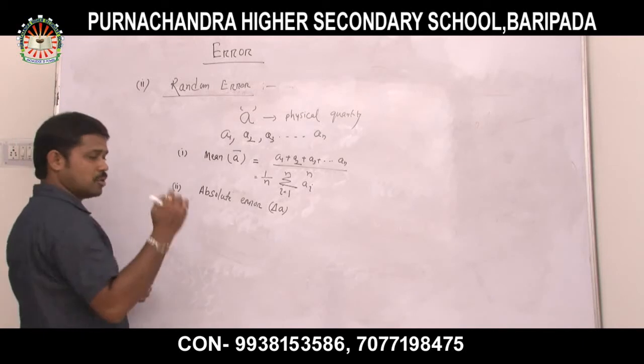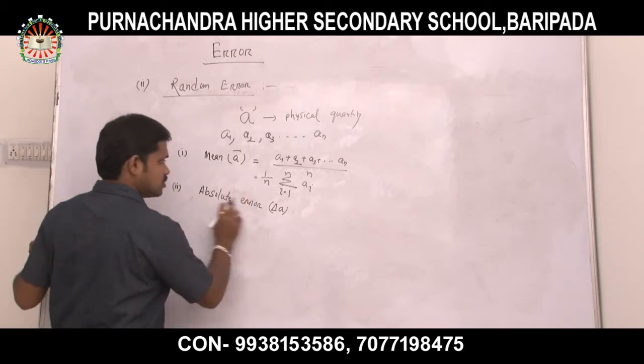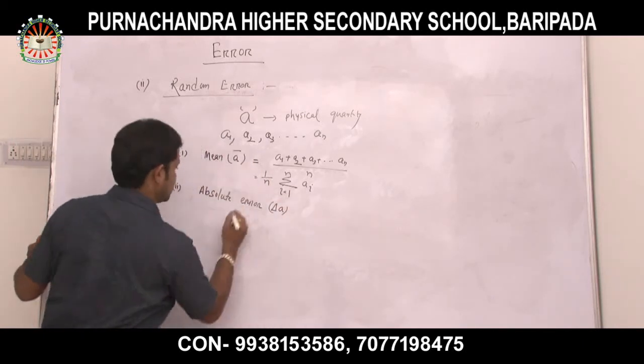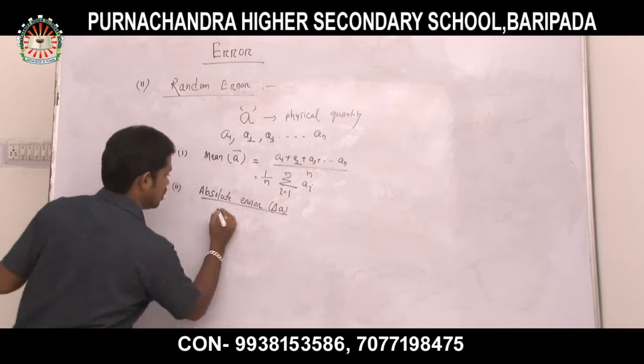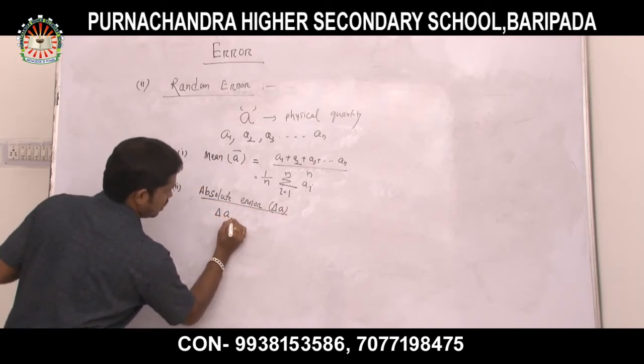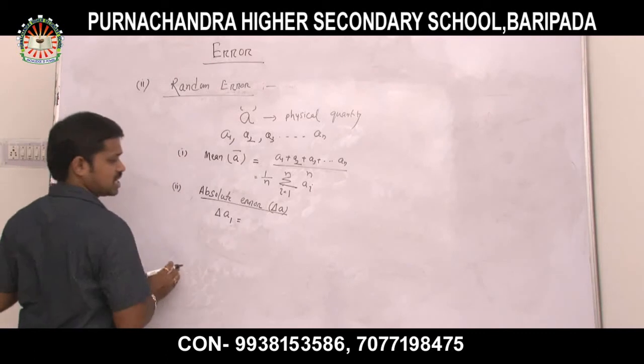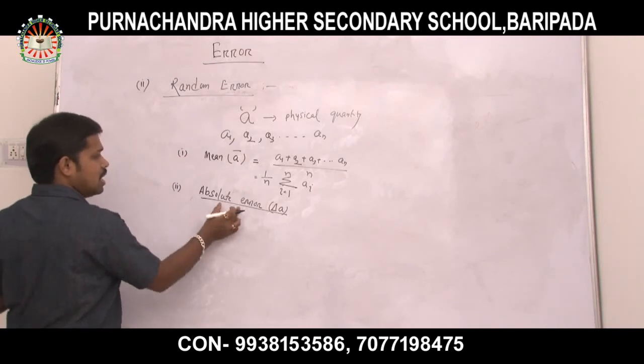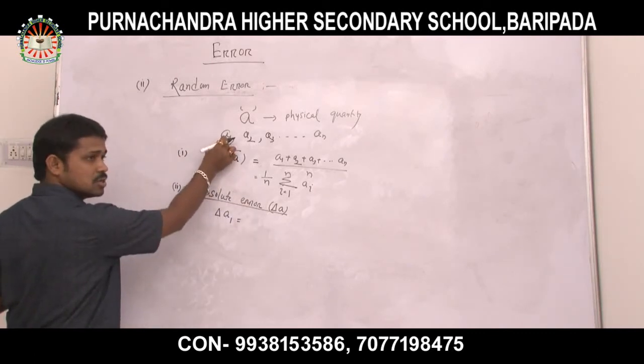Let us find out for the first measurement. This is my heading, absolute error. Del A1 for the first experiment. So what is the absolute error for the first measurement?